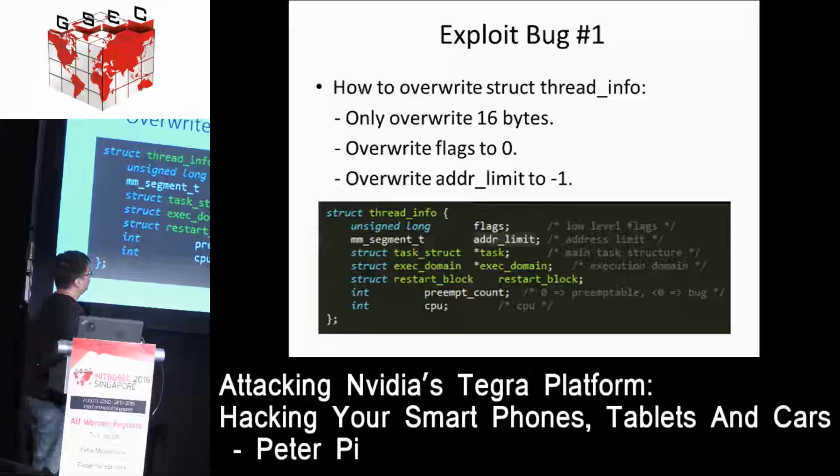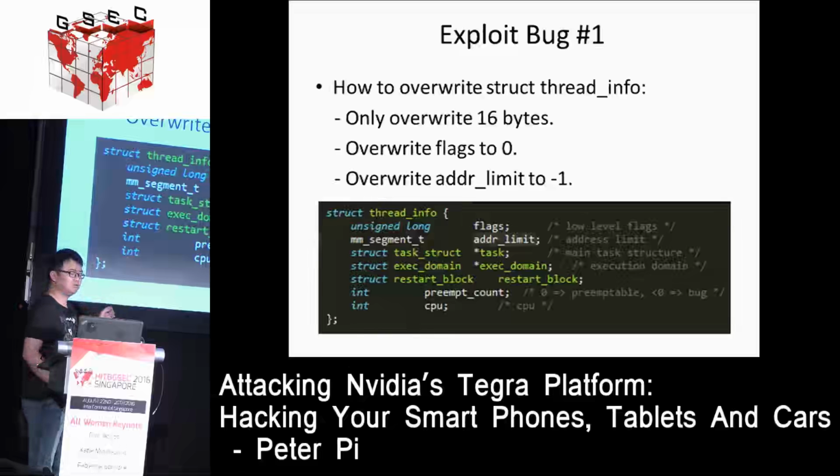So how to overwrite the struct thread info? This is the definition of the struct thread info. What we have now: we can control the overwrite length, so we can only overwrite 16 bytes.